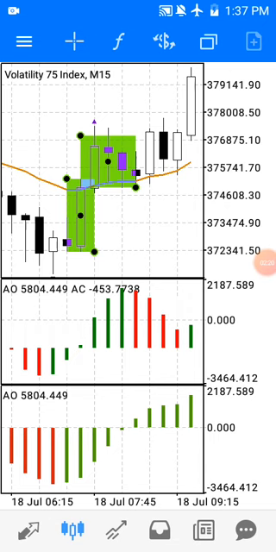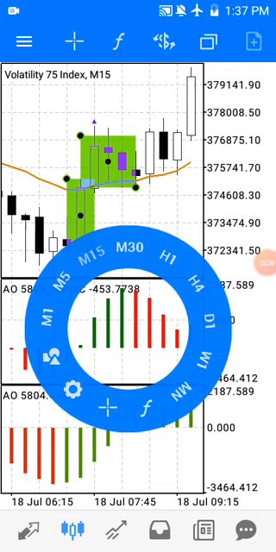That's our buy confirmation. Additional buy confirmation is on indicator window 1, where you allow the accelerator oscillator bars directly under the 3 subsequent candles to form green color. This is what I'm talking about here.